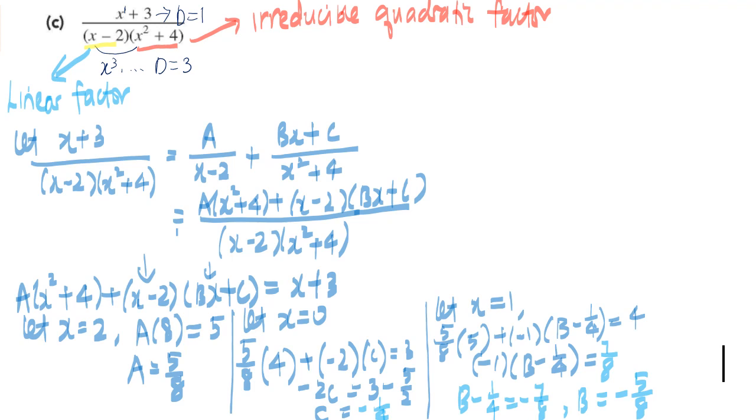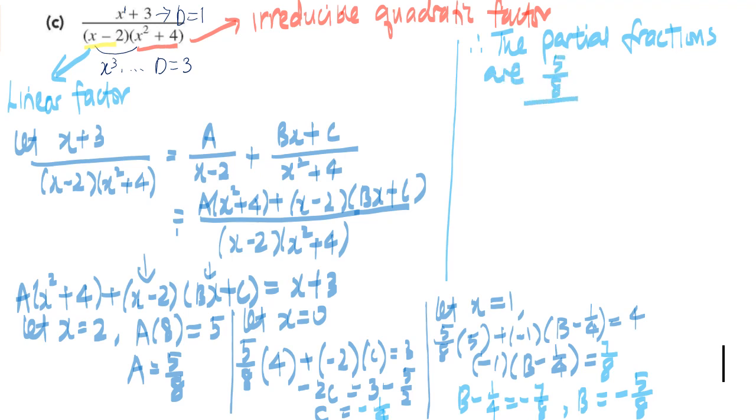Now we can put it back into our partial fractions. So therefore the partial fractions are 5 over 8 over x minus 2 plus negative 5 over 8 x minus 1/4 over x squared plus 4.